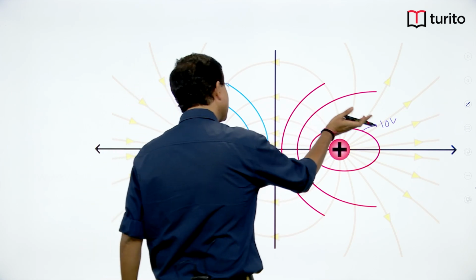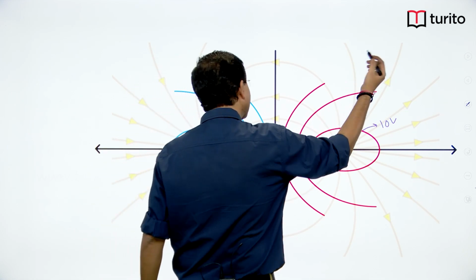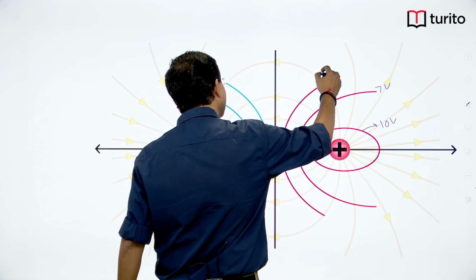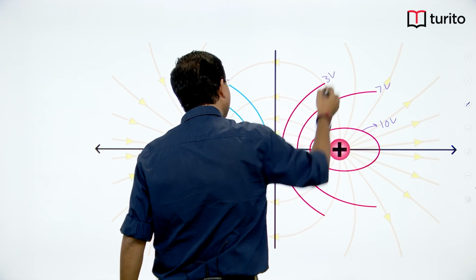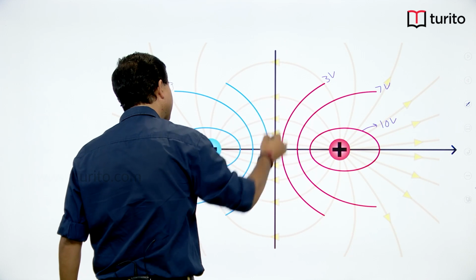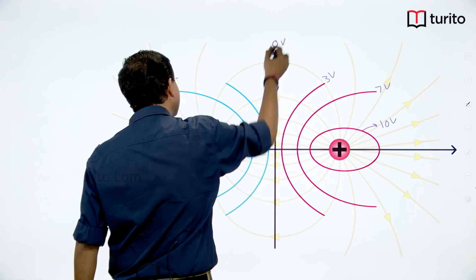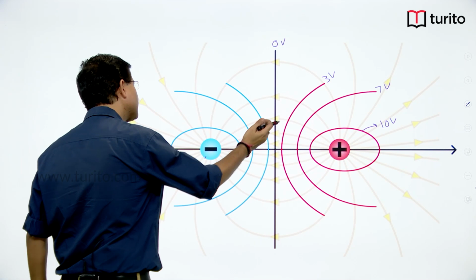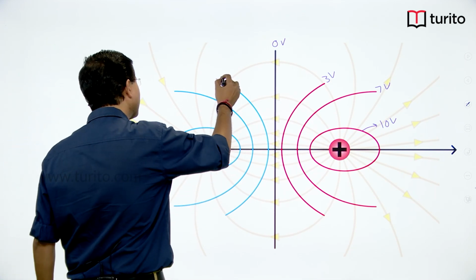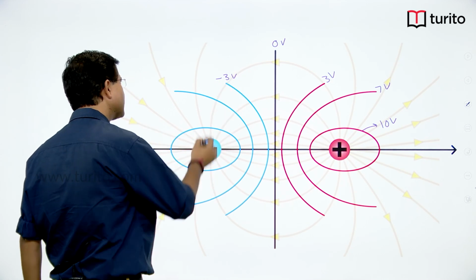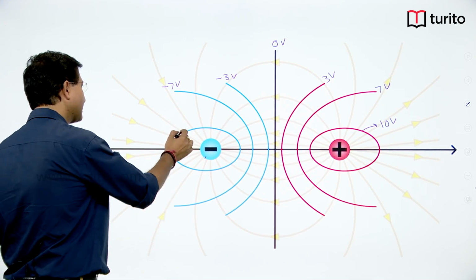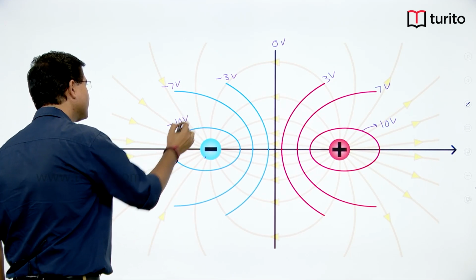So from this 10, say it becomes 7 volt, this becomes 3 volt. Exactly at the midpoint, or exactly at the bisector, potential will be 0 volt. As you move towards the negative charge, potential will become negative. So this will represent say minus 3 volt, somewhere here it will be minus 7 volt, and similarly somewhere here it will be minus 10 volt.